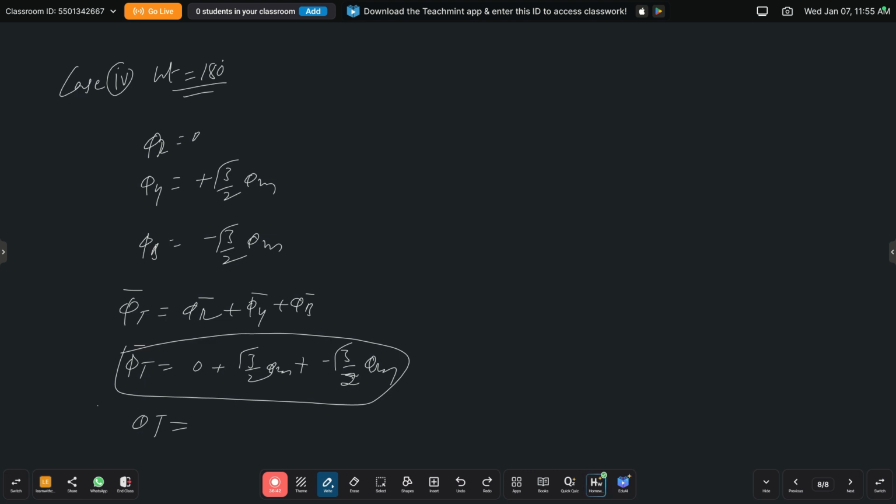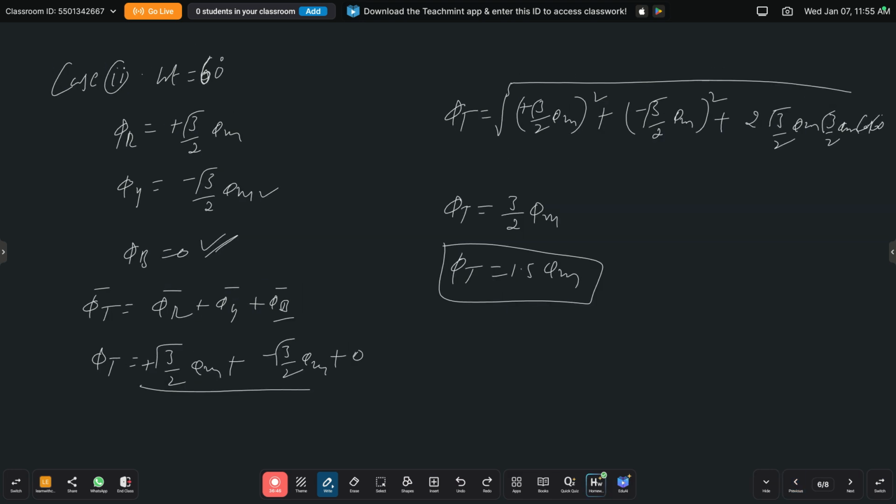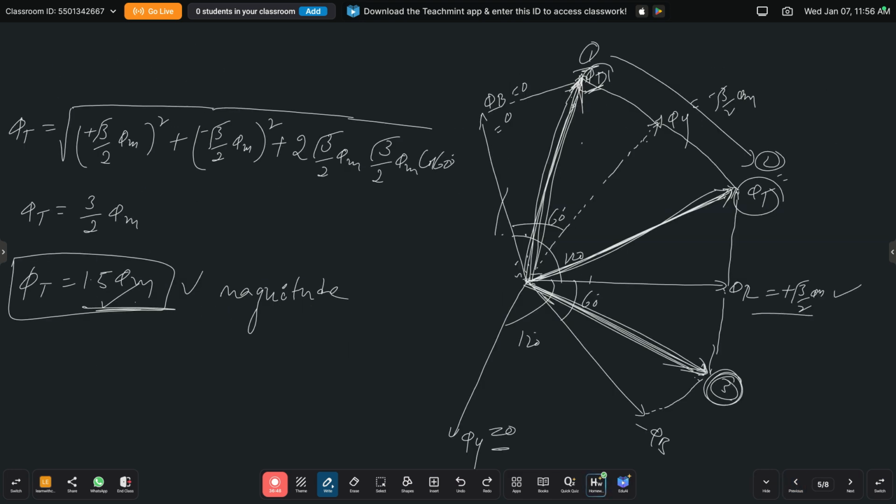So if you go for the phasor diagrams, vectors, at omega t equal to 180 degrees, phi r is 0. Phi y is a positive value, phi b is negative.